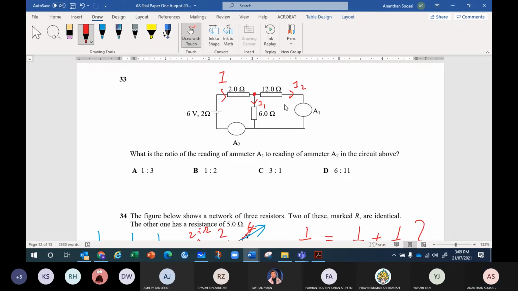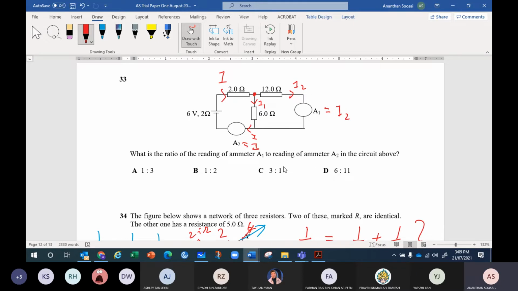What current flows at A1? It is I2, correct? What current flows at A2? This is the main current, right? Here also I. It's going to be I, correct?